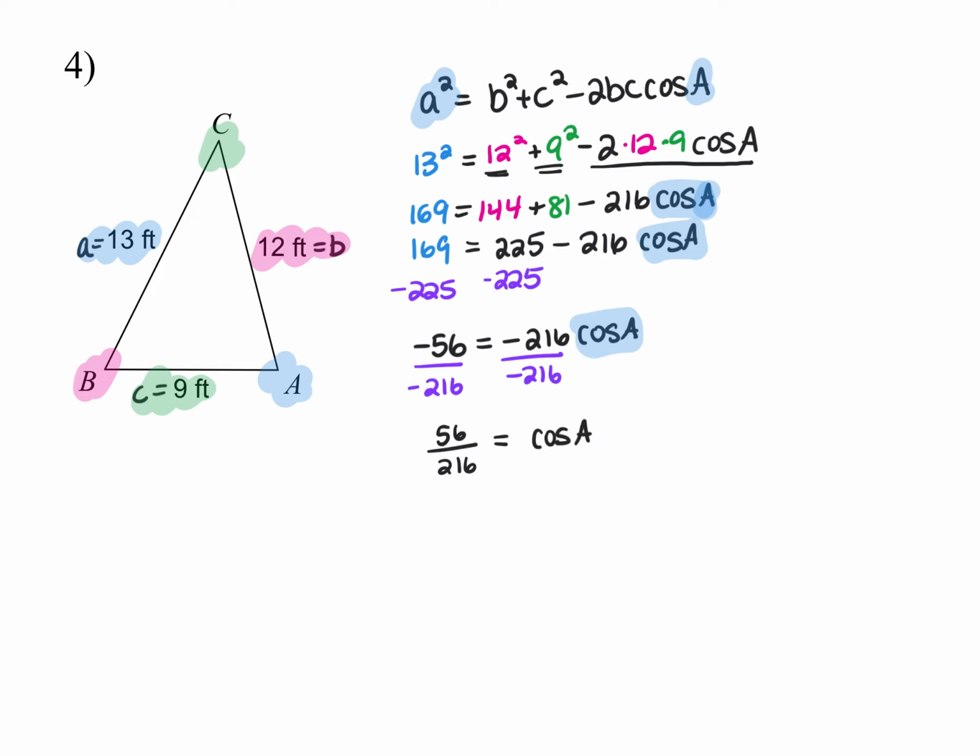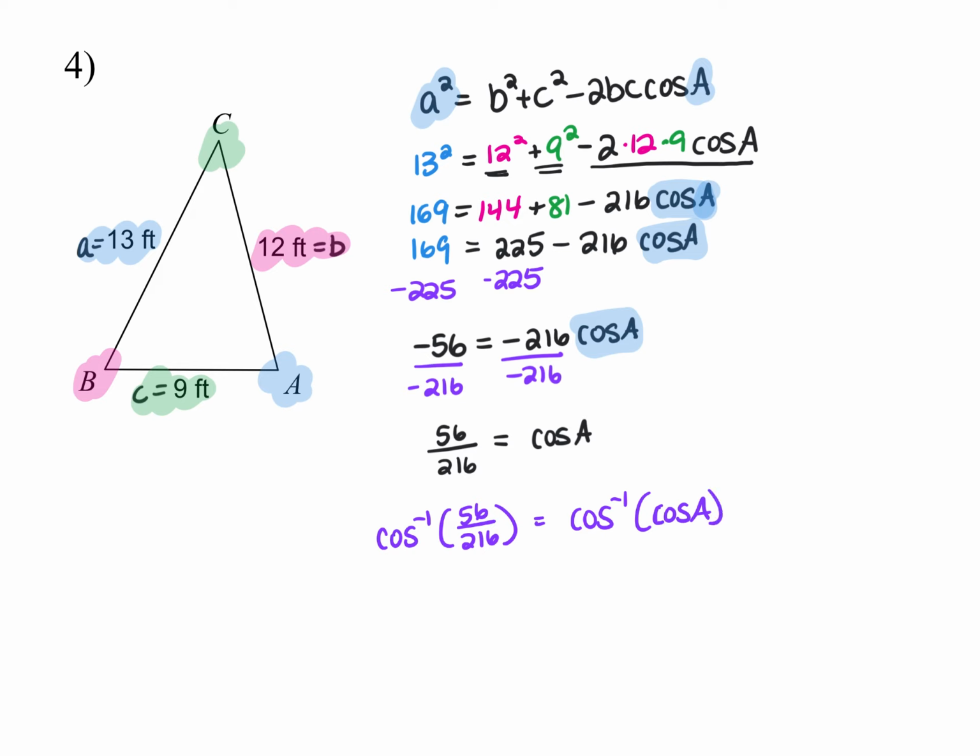Because now I know that I'm finding an angle, so to undo cosine, I'm going to have to do the inverse cosine. So I know I have to do that to both sides. So I'm going to do the inverse cosine on the left side, and I'm going to do the inverse cosine on the right side.